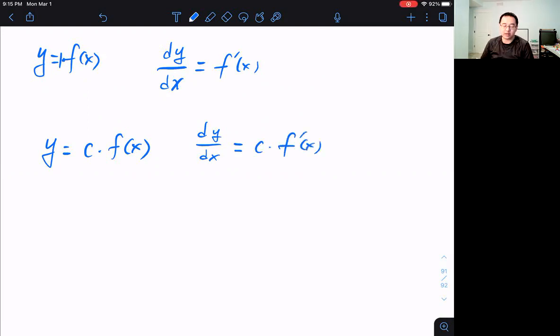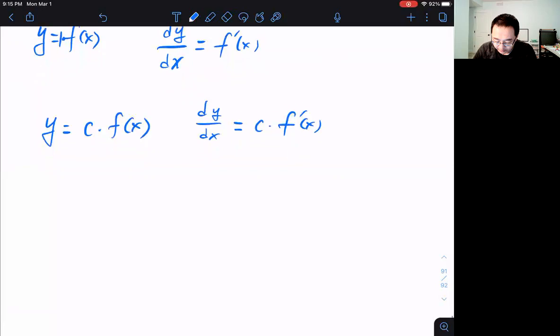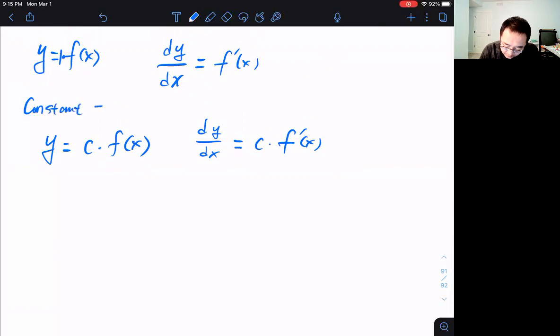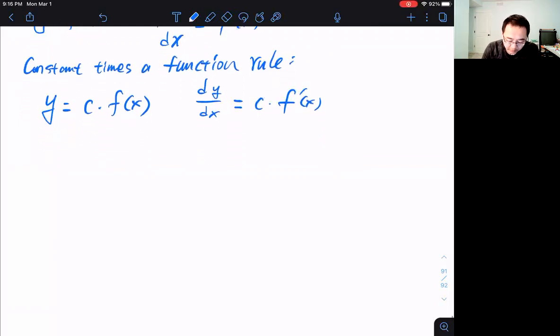So you can keep that constant, take it out, take the derivative of f of x, and then bring them together. This is the constant times a function rule.